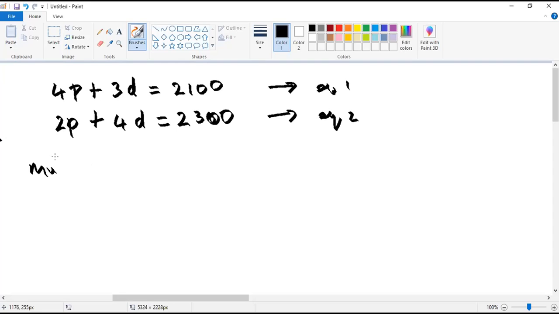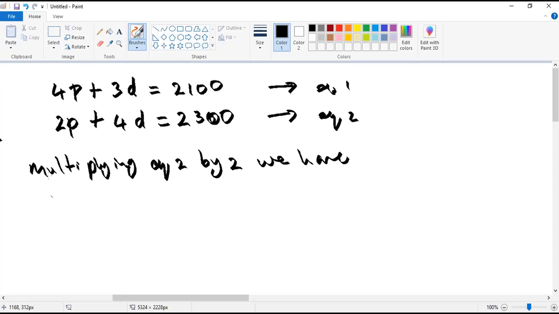Multiplying equation 2 by 2, we have, with equation one first, and I can even mention that equation one can still remain the same.